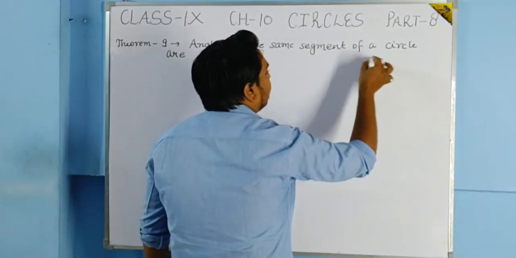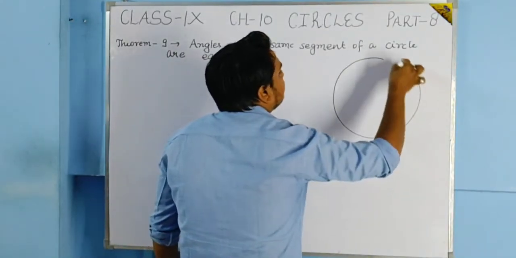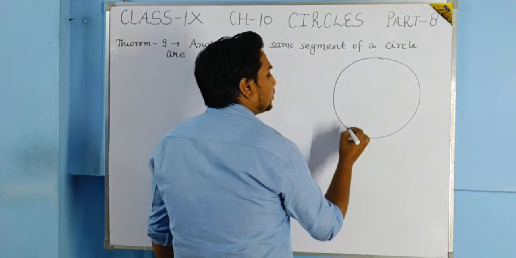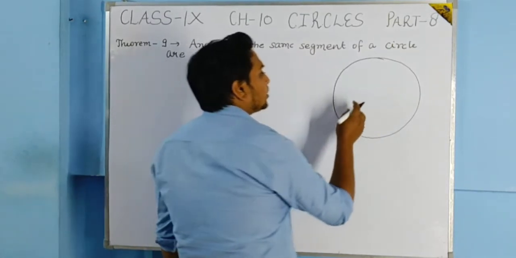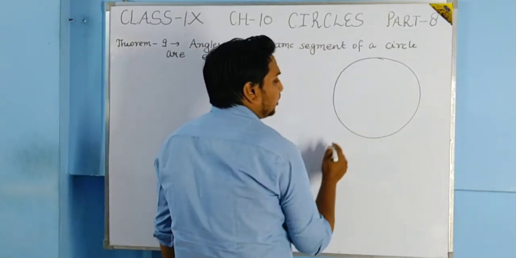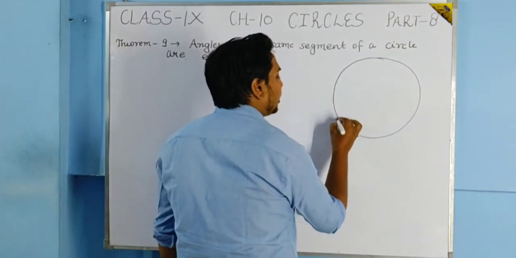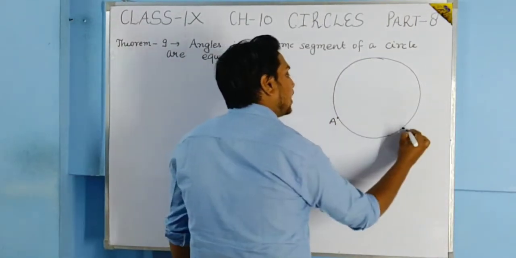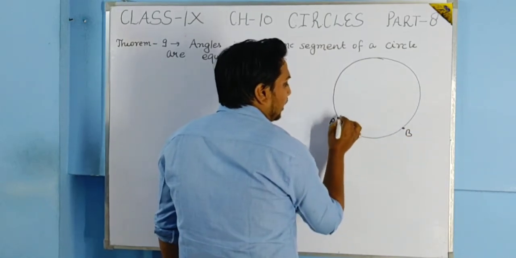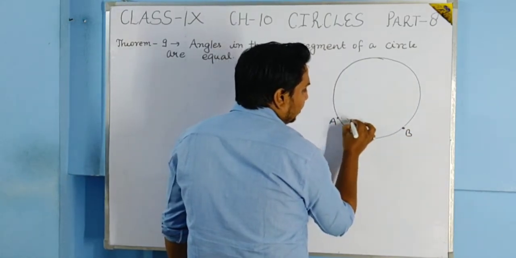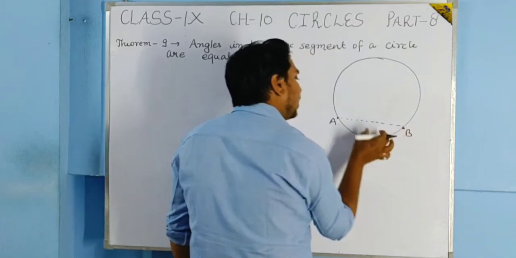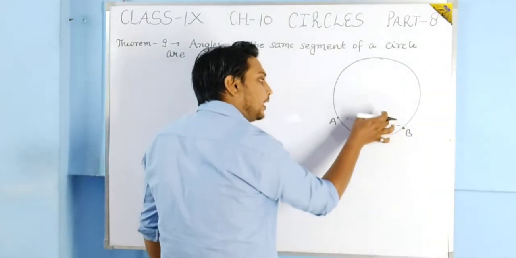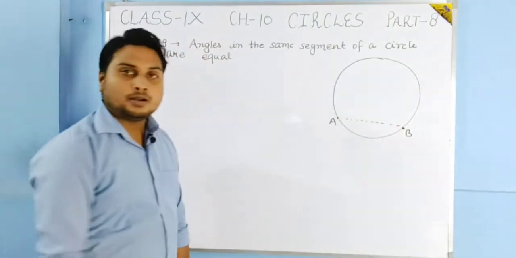How can we make the figure of this statement? Suppose this is a circle, and we have to show that angles in the same segment are equal. If it is an arc AB and we draw a line like this, then this is one segment and this is the other segment.